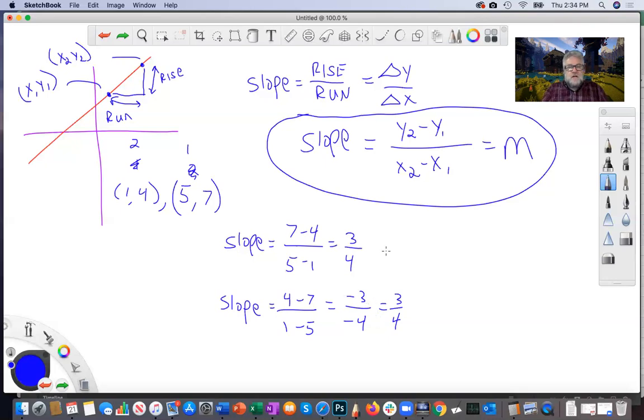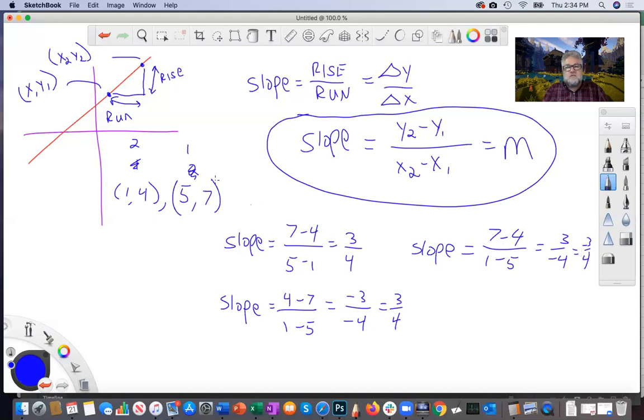Okay. Now, let's say just for fun, we do it again, but we're not really paying attention and we do 7 minus 4 over 1 minus 5. So notice this is 3 over -4, -3/4.